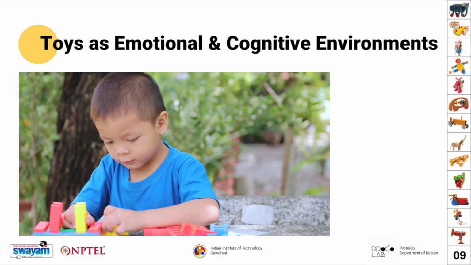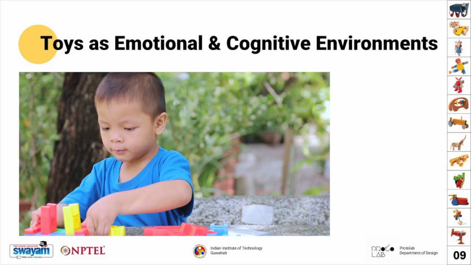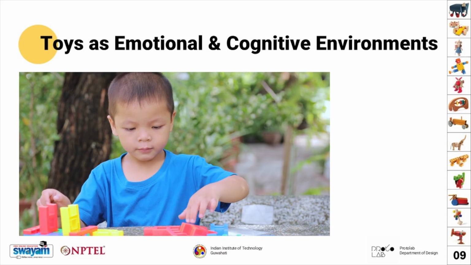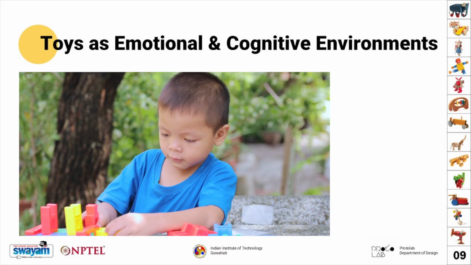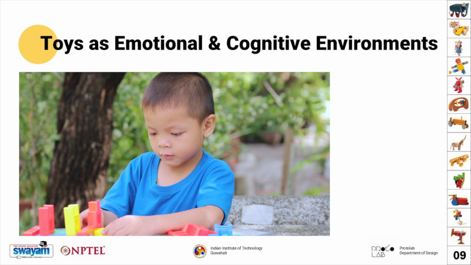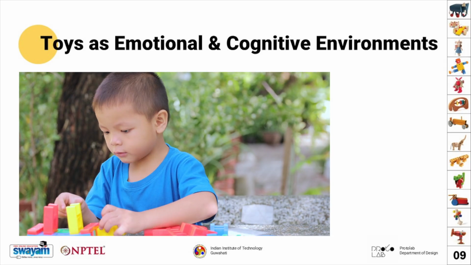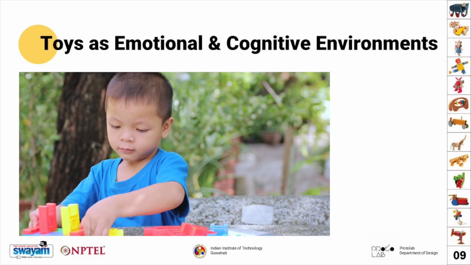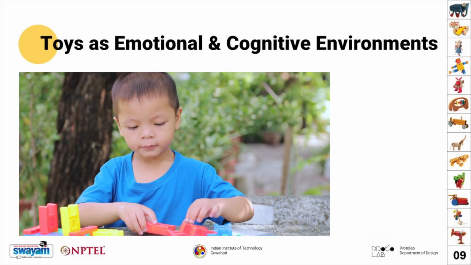When we think of toys, it's easy to imagine them as things, objects with shapes, color, mechanisms. But for children, toys are much more than objects. They function as emotional and cognitive environments, small, manageable worlds in which children can explore ideas, test possibilities, rehearse life, and make meanings.